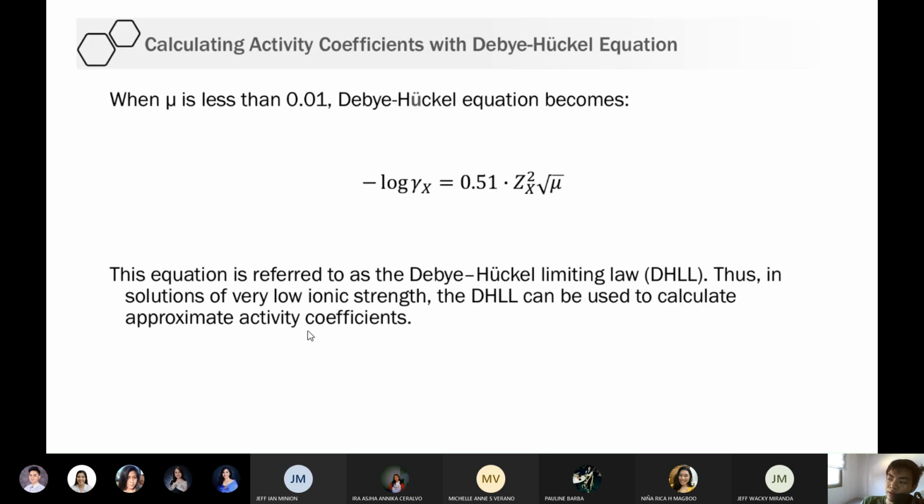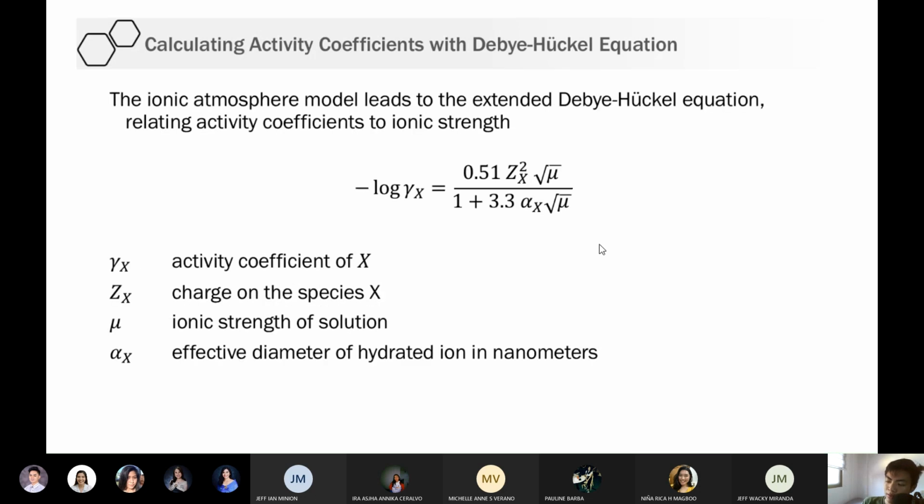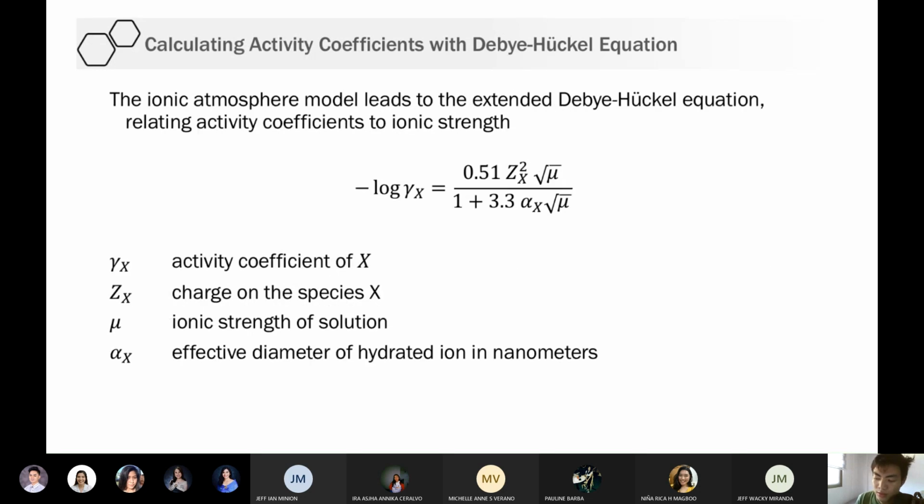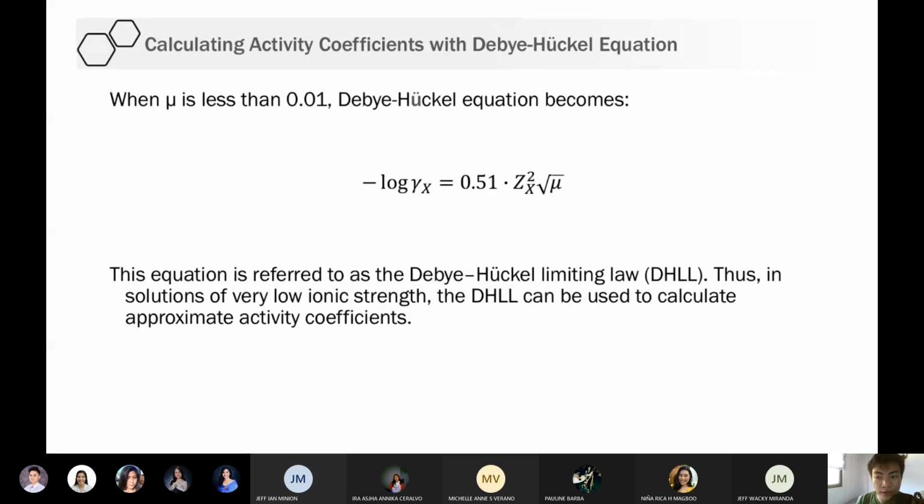However, we can reduce that equation if mu is less than 0.01. We can reduce this term to this: negative log gamma equals 0.51 z squared times the square root of mu. This is called the Debye-Hückel limiting law, the reduced form of the Debye-Hückel equation when your solution is slightly dilute. So we can use the two equations to solve for gamma.